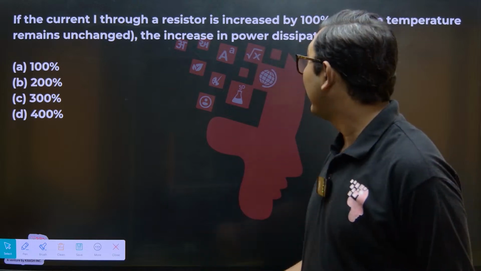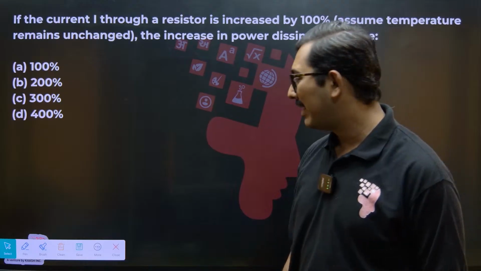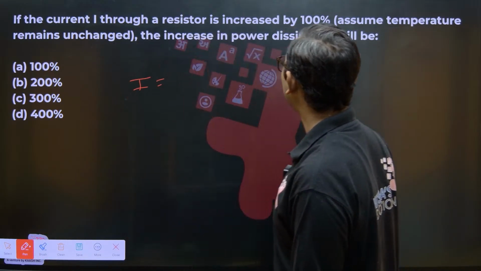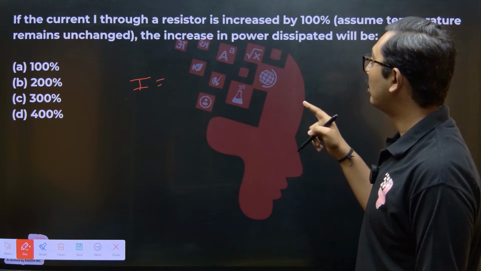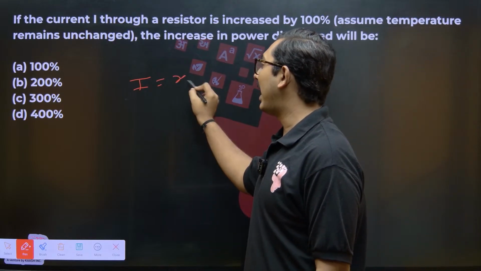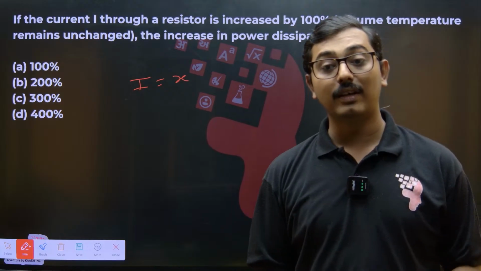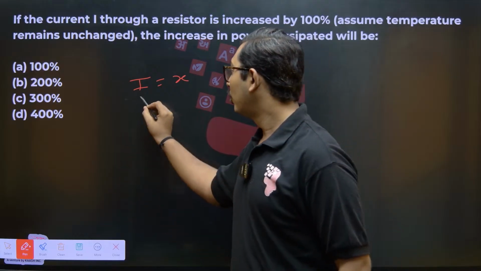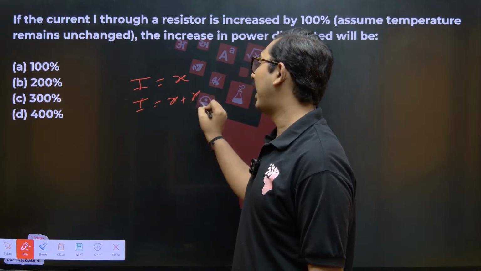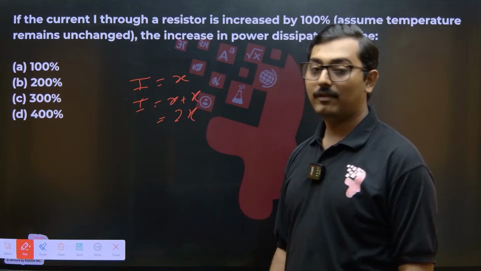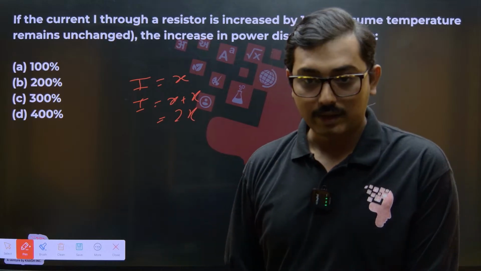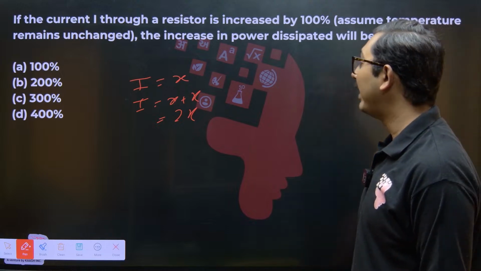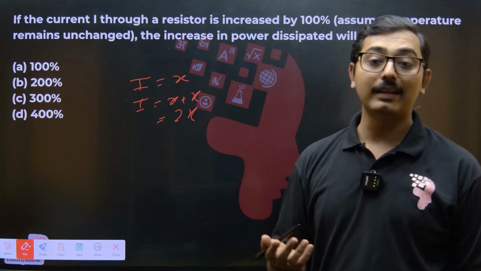If it has been increased 100%, let us say the initial current was X. The new current is X plus X, 100% increased. So the new current is 2X. As it has been increased, what is the increase in the power dissipated?